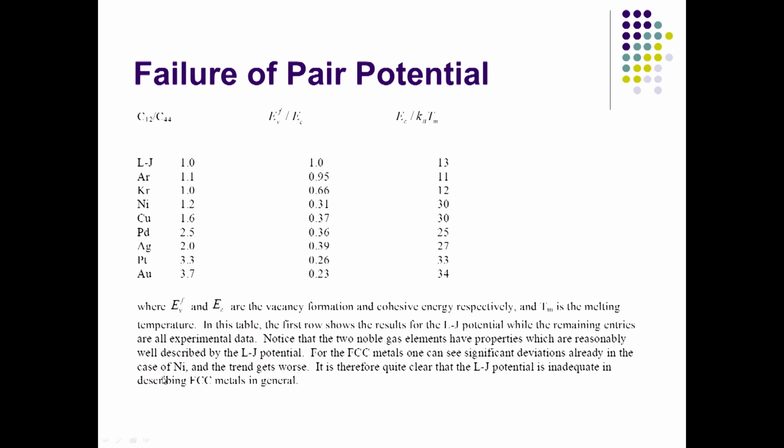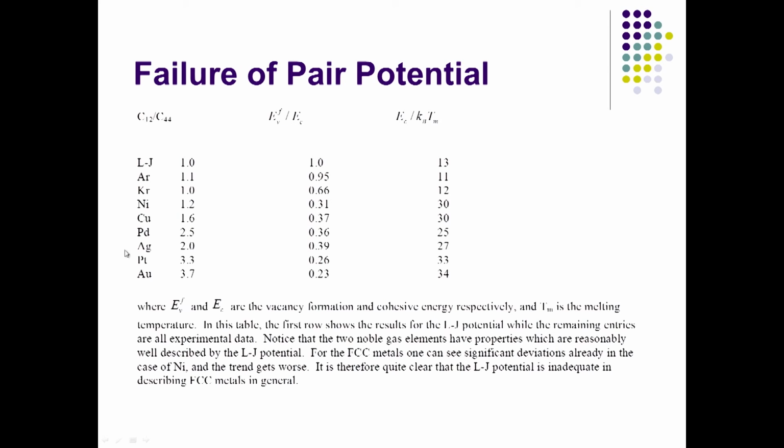But now that you understand C 1 2 and C 4 4, I want you to look at the data on your slide. If you look at Lennard-Jones, for a material where a completely isotropic spherical potential is workable, you can look at argon. Now we are looking at the vacancy formation and cohesive energy respectively. So, this is the energy for vacancy formation, this is the energy for cohesion, and you are looking at the ratio of that, which is equivalent to C 1 2 and C 4 4, because C 1 2 is almost like vacancy formation, and C 4 4 is shear, which is the cohesive energy.